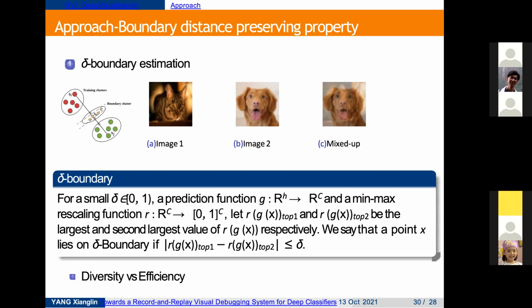And then there's a trade-off between efficiency and diversity. So we would also want the boundary points to be diverse, to be diversely distributed along the decision boundary between any two classes.